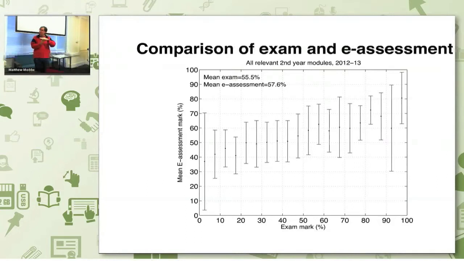The interesting thing we found in this particular graph is that it has changed the slope. The weaker students actually do better in the electronic assessment than they do in a conventional written exam, and the stronger students do a little bit worse.